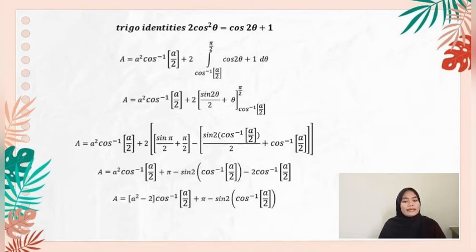Then we can get A square cos inverse A over 2 plus 2 with the bracket sin 2 theta over 2 plus theta with the limit cos inverse A over 2 until pi over 2.